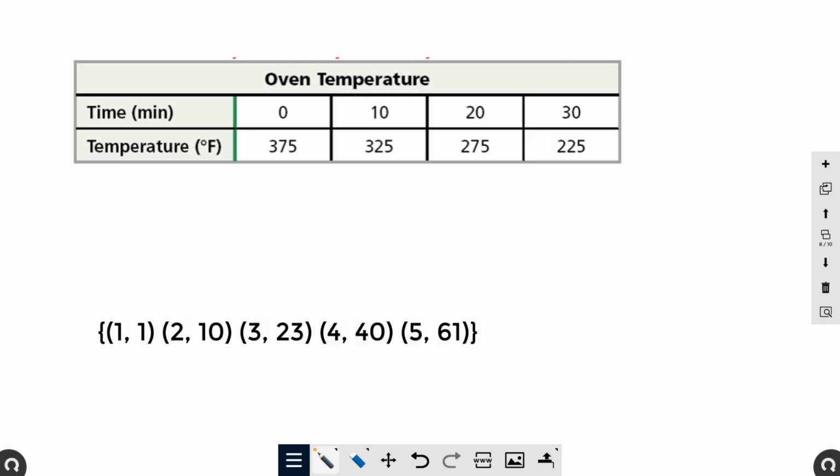There's the one. Okay, copy down that table real quick. Again, you don't have to say time and temperature.